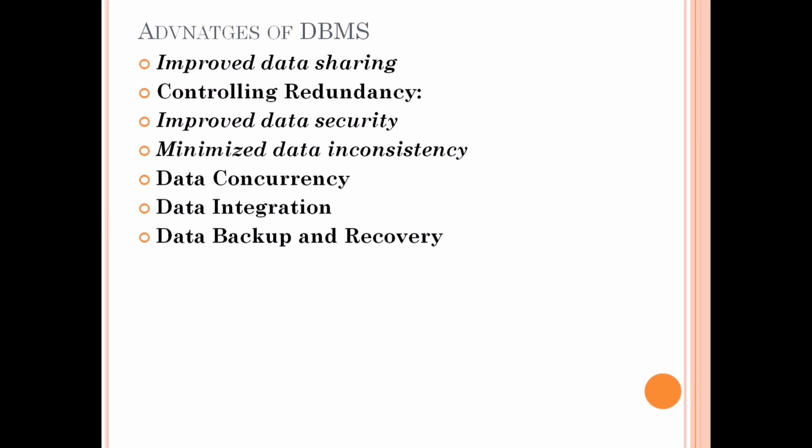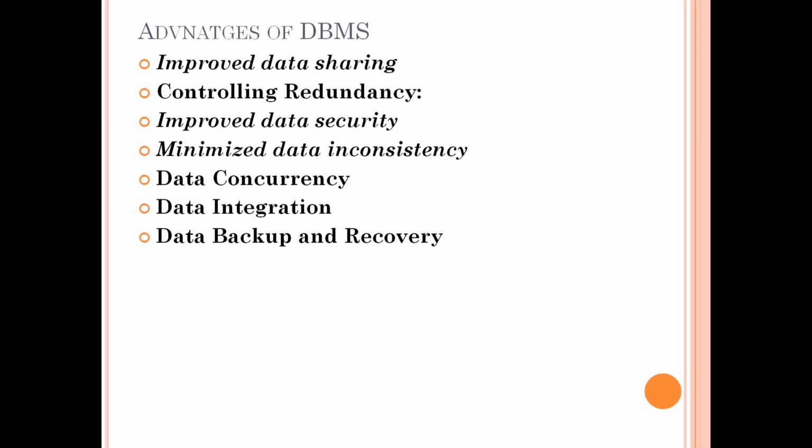Third one is improved data security. We have already given some clue that the DBA can handle the security of your overall databases for accessing the data. Next one, minimized data inconsistency. Data inconsistency concerns whether the data format and the data are correct, which we decide when designing any relations.